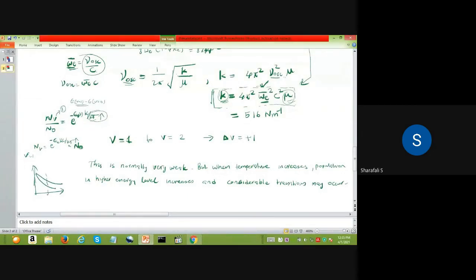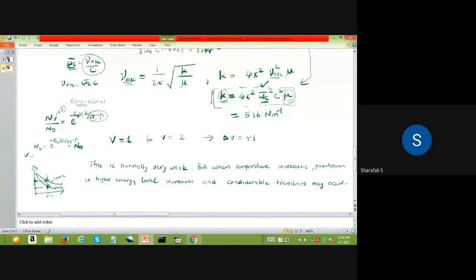If you consider this as V equal to 1, you will have less population here than this, because this is at 1000 Kelvin and this is at 300 Kelvin. As compared to 300 Kelvin, which is room temperature, if you increase the temperature to 1000 Kelvin, your number of molecules will increase to this point.